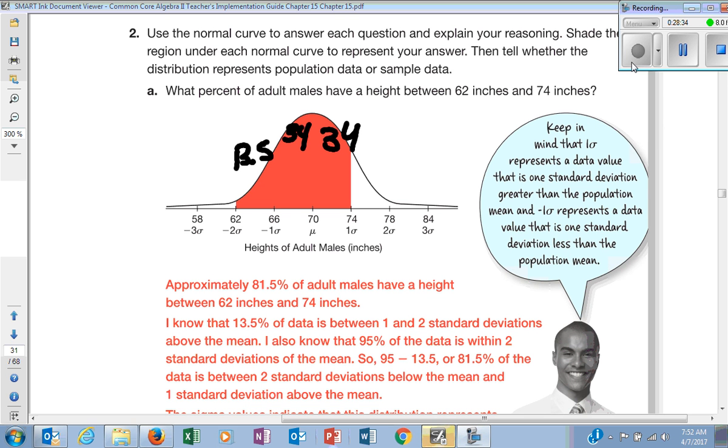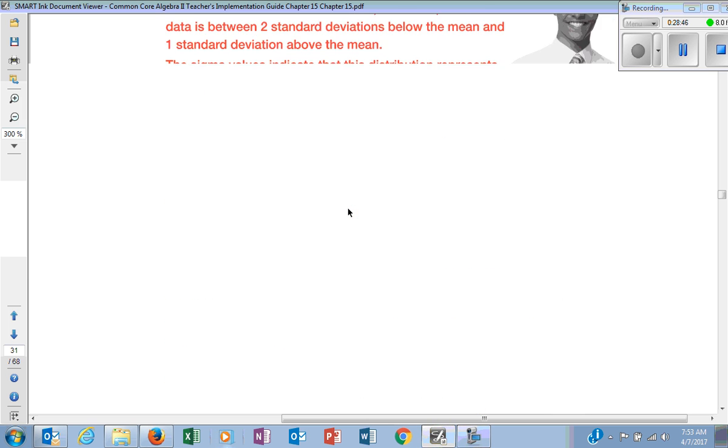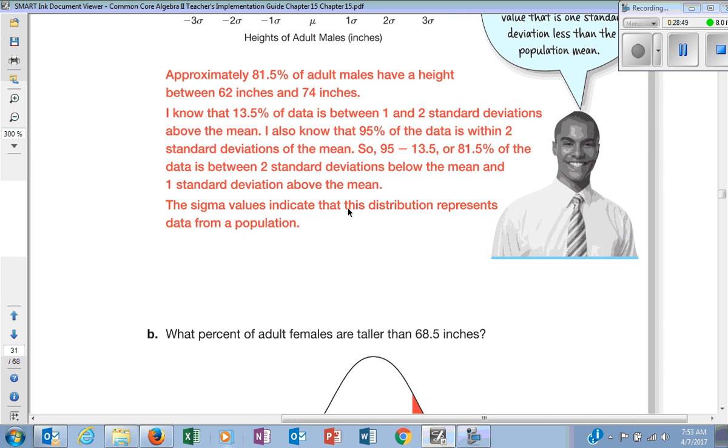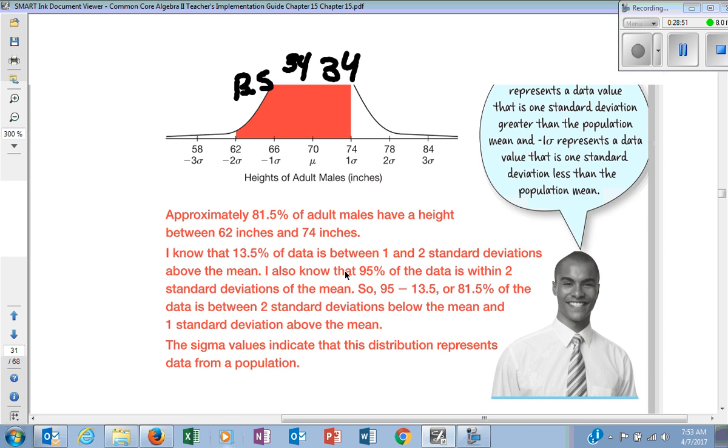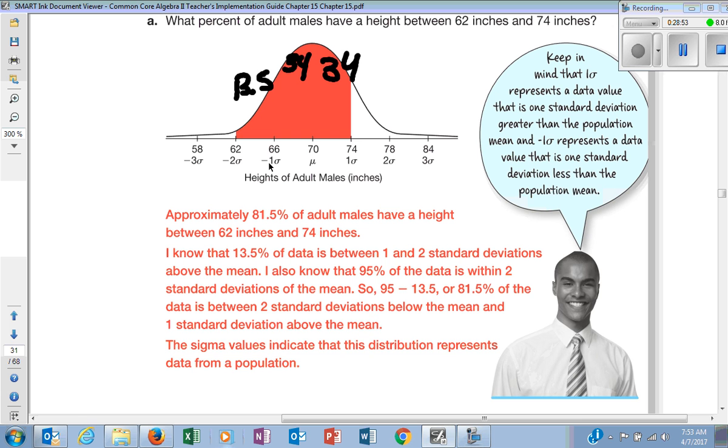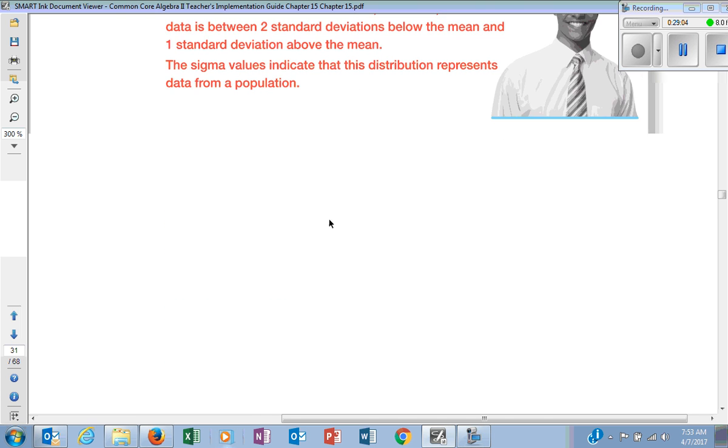When we add all those together, we get that 81.5% of the adults should fall between 2 standard deviations below and 1 standard deviation above. And since I know this is sigma, sigma represents that this is a population, not a sample.